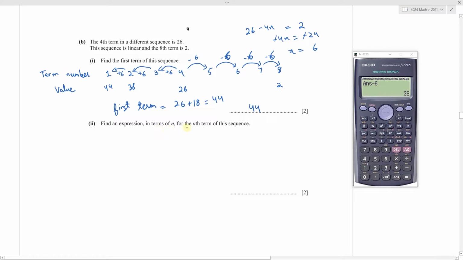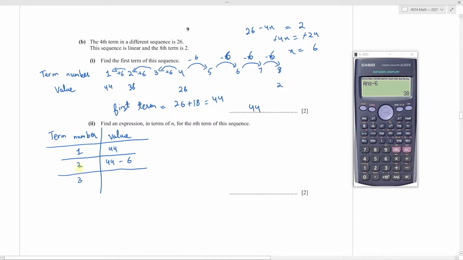Find an expression in terms of n for the nth term in this sequence. So again, let's look at the term number and its value. So the first term is what? 44. Second term is what? You subtract 6 from it.